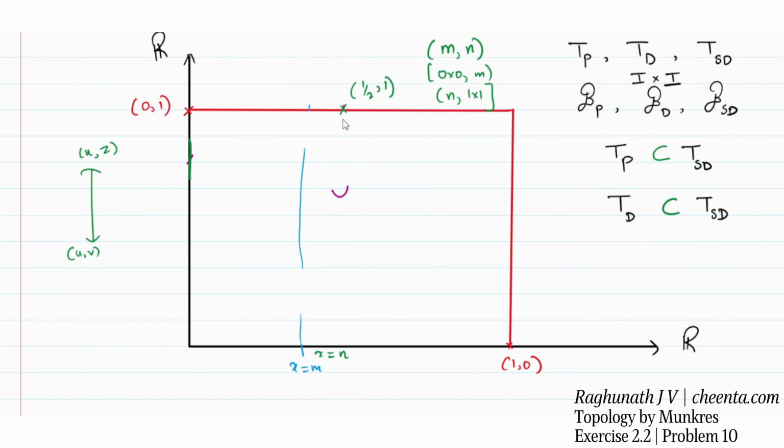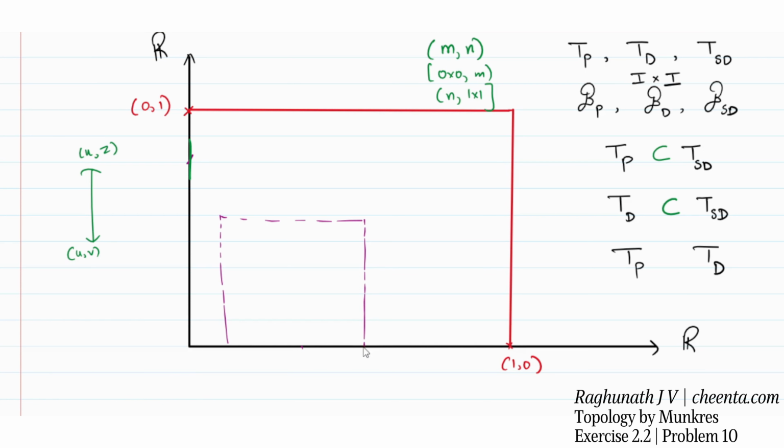Now let us go and compare the last comparison, which will be between TP and TD. Turns out that these two topologies are not comparable, because suppose you consider this basis element of the product topology.